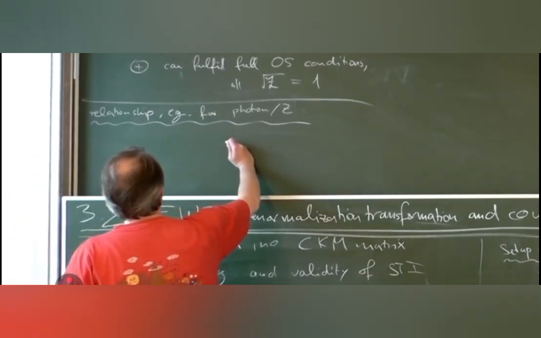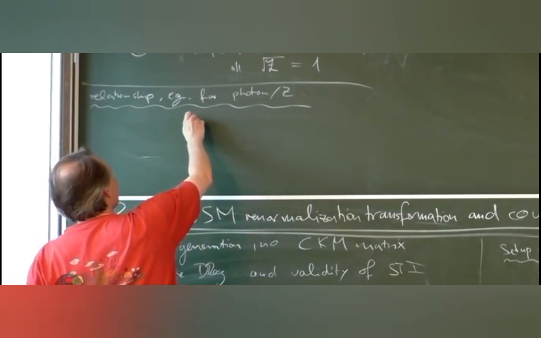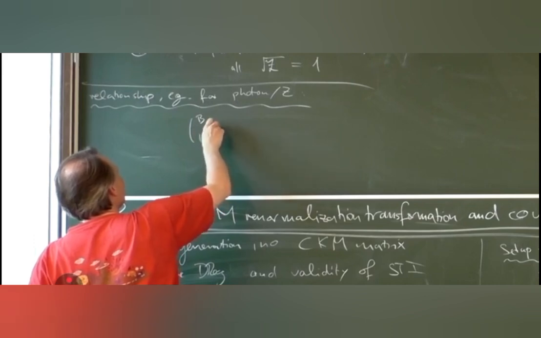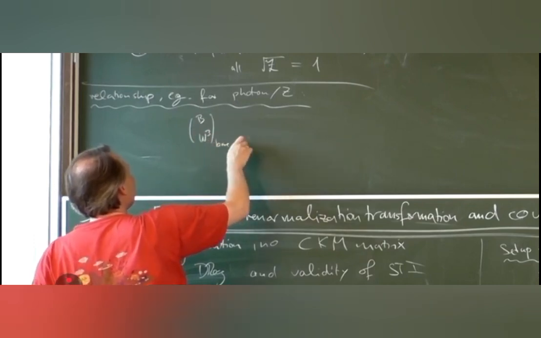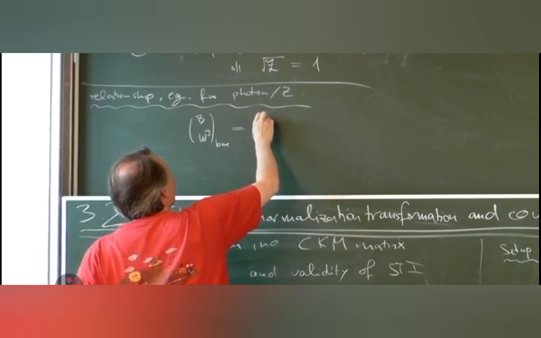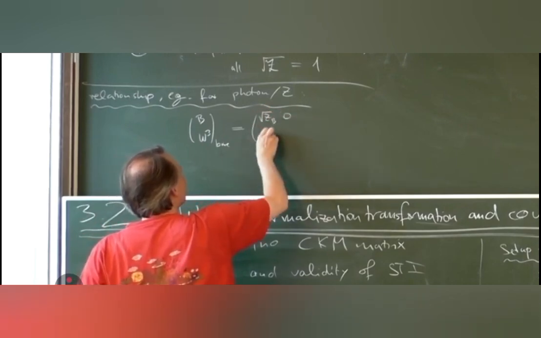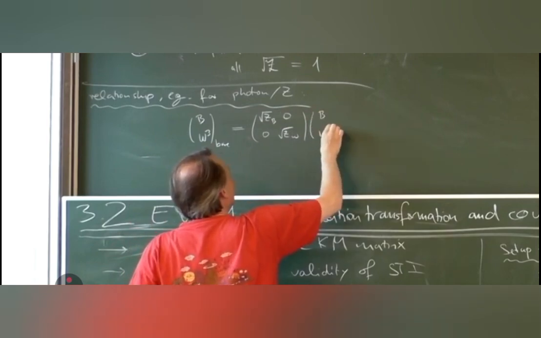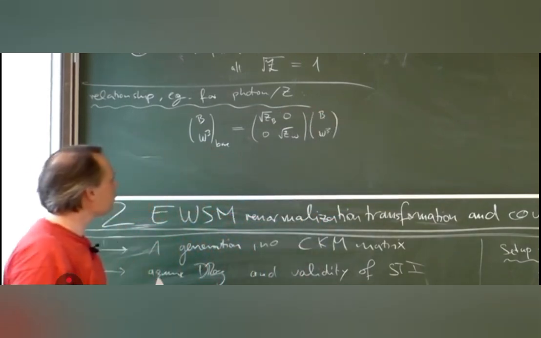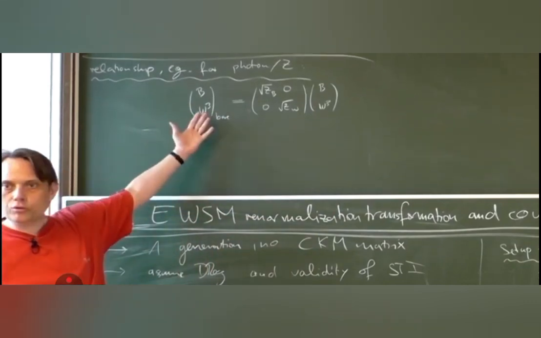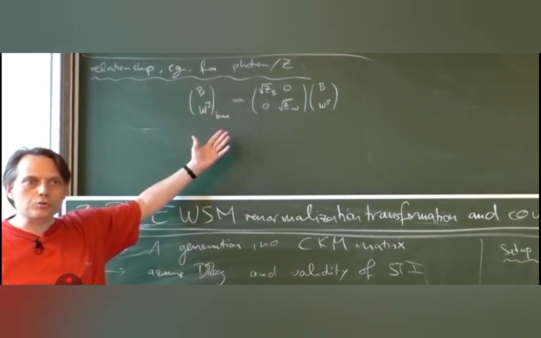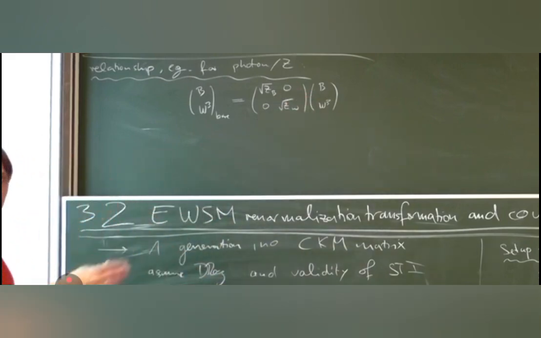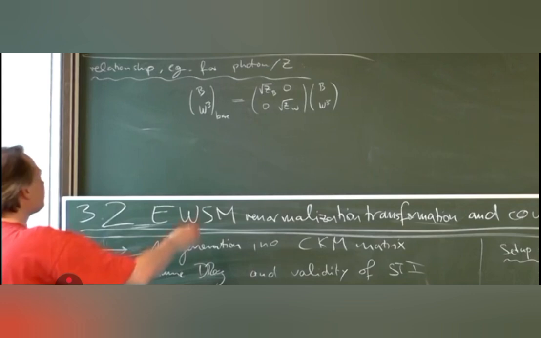So in the first approach, you would simply have in the Lagrangian, for example, the B field and the W3 field in a bare form, and they would be related by square roots of Z factors, ZB, ZW, to the renormalized B and W3. And that is then the correct structure to cancel all the divergences. And then later that is replaced by photon and Z in the way we did it in the lecture. But now you can do, so that would be a set of 1.